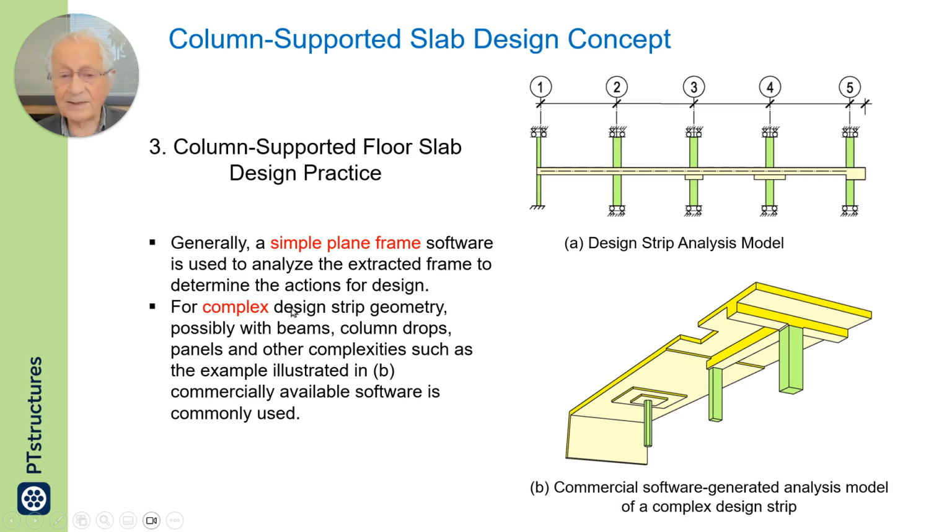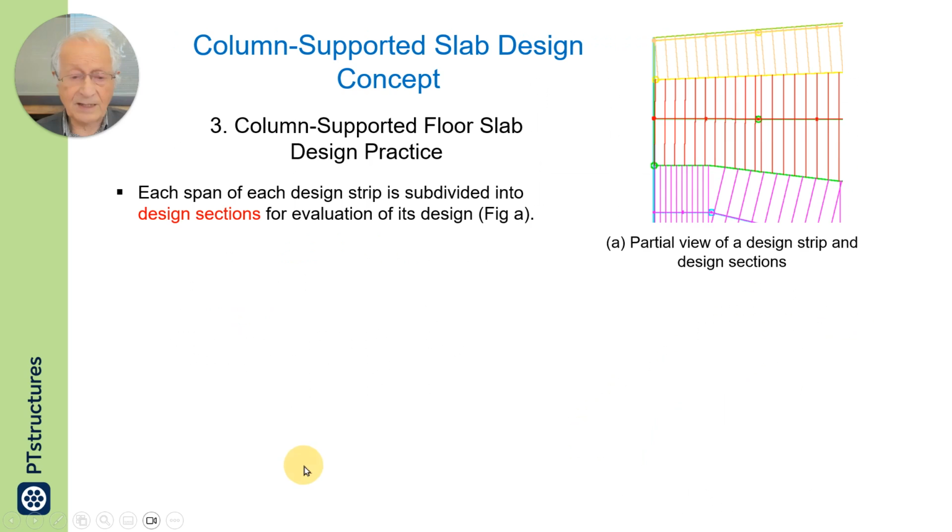For complex design strip geometry, possibly with beams, column drops, like here you have column drops, panels, beams, drops, panels as shown in B, commercially available software is used. Otherwise, it's too complex to do it otherwise.